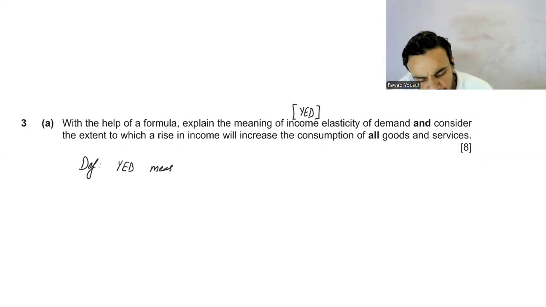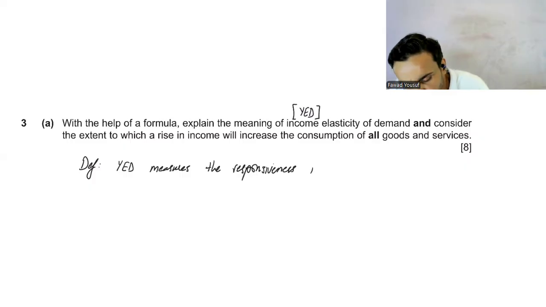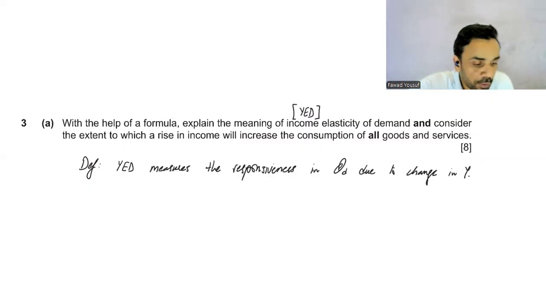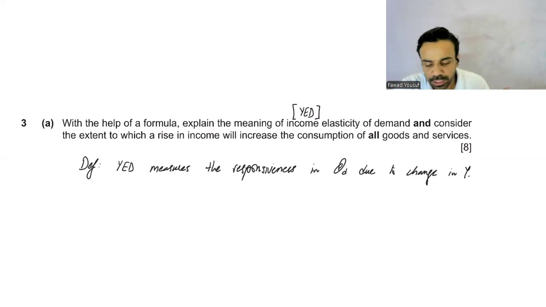YED measures the responsiveness in quantity demanded due to change in income. That's our definition. You should get 1 mark for it. Maybe they might decide not to give you.